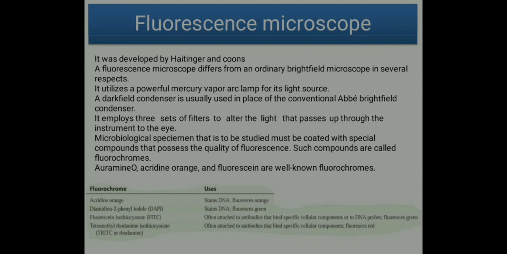Acridine orange is used in staining DNA fluorescent orange, then diamidino-2-phenylindole, that is DAPI, stains DNA fluorescent green, and then fluorescein isothiocyanate, that is FITC, is often attached to antibodies that bind specific cellular components or to DNA probes. So these are just some examples.